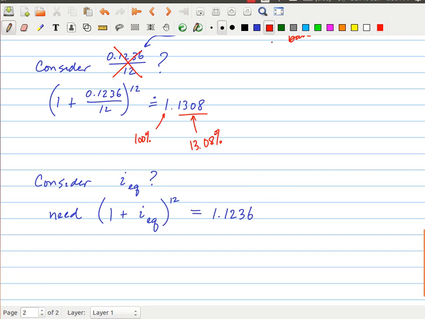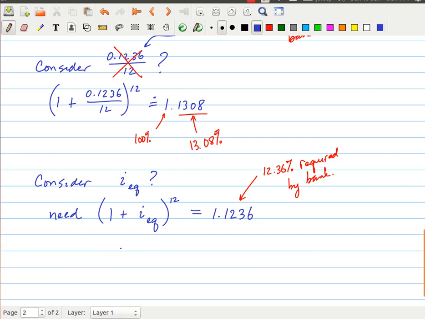12.36. So again, just keep this in mind. That is the 12.36% required by the bank. So how do we get this? Well, from the equation I have right now, the way I would simplify this is I would take the 12th root of each side, which is the same as raising everything to the power 1 over 12.